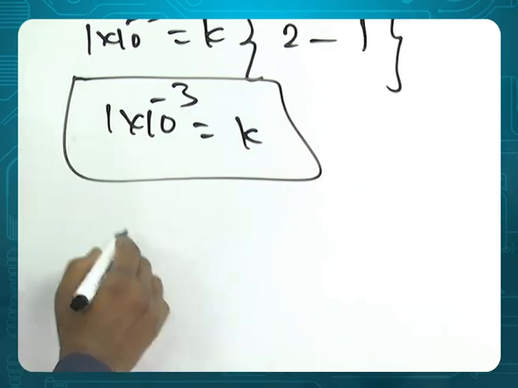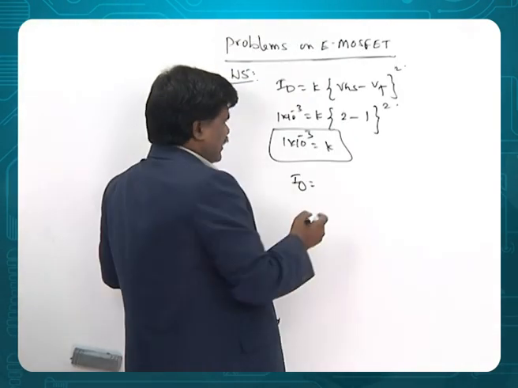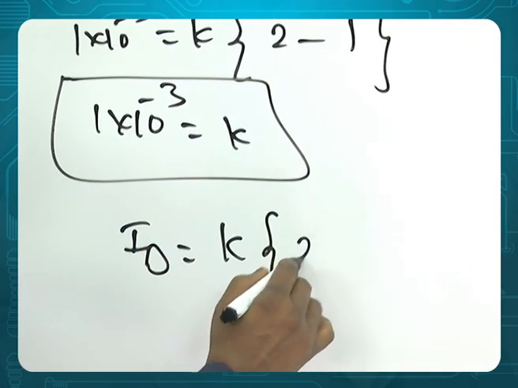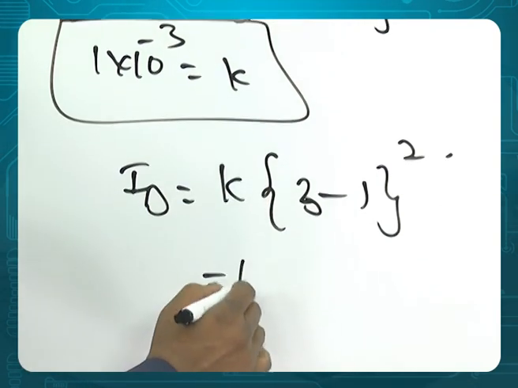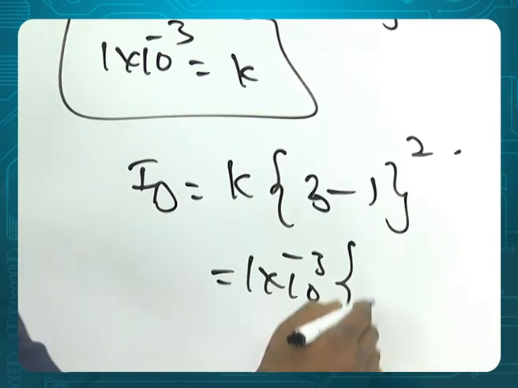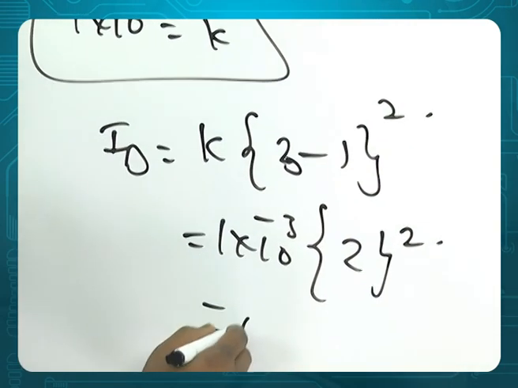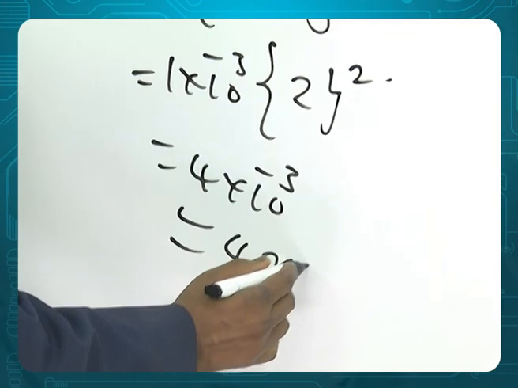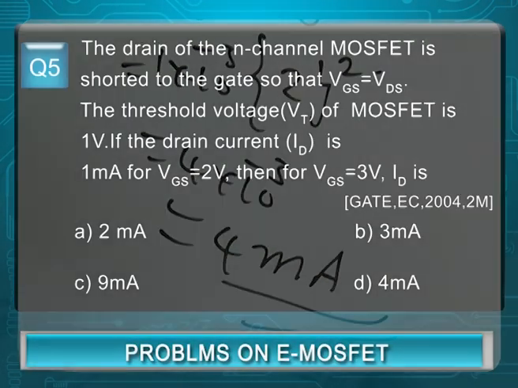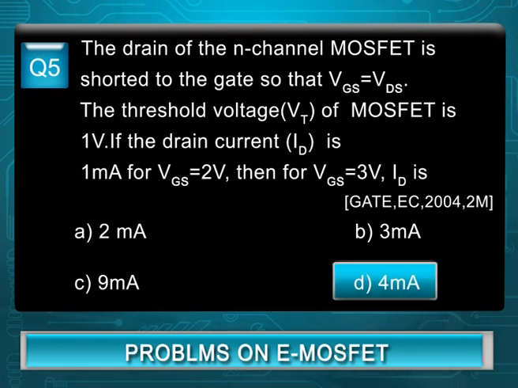That's the value. Now for the second case, ID is equal to K into 3 minus 1 square. What is K? 1 milli. 3 minus 1 means 2 square. So answer is 4 milli. That's why 4 milliamperes. So therefore the option is D. D is the option for this problem.